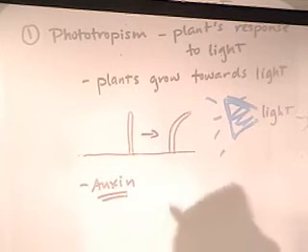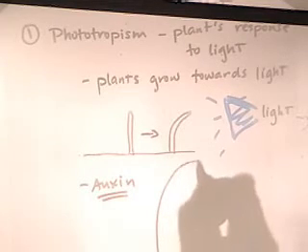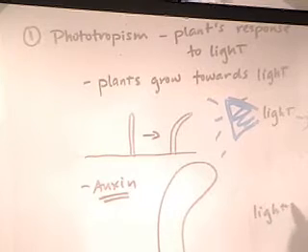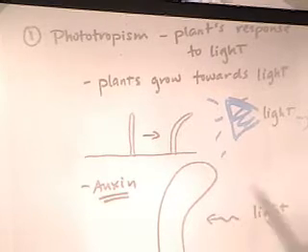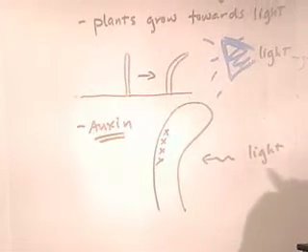Because if I was to look at this shoot in more detail, let me get closer up, right? If this is my light over here, well, auxin actually responds to light by transporting itself to the shadier side.